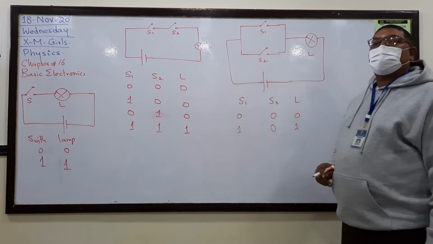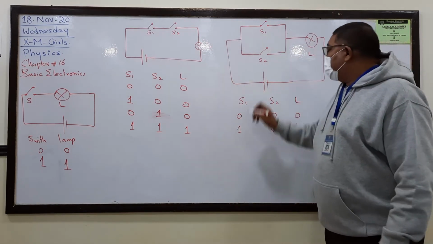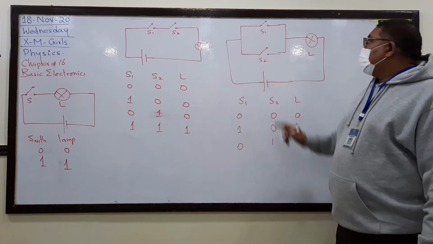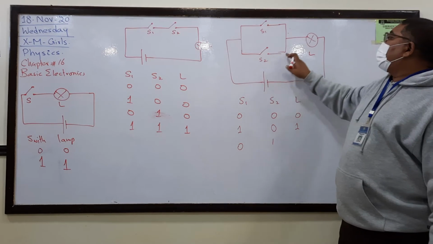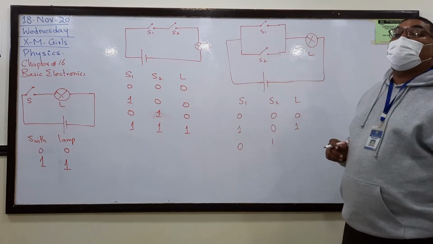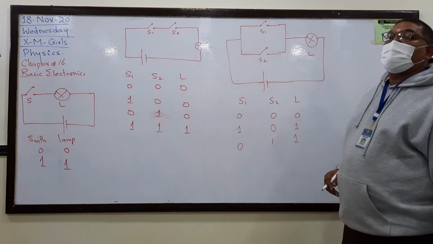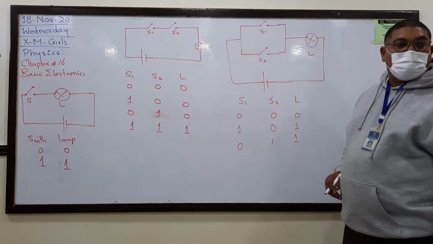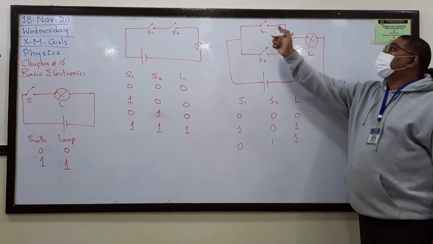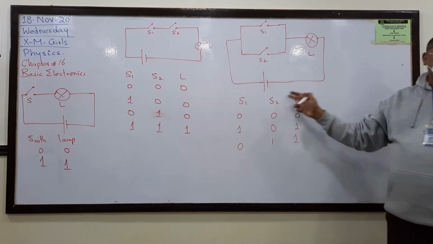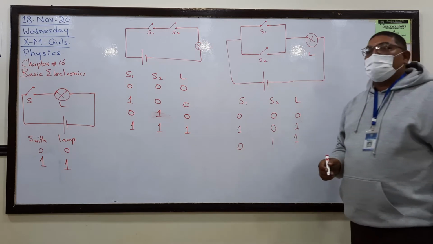Although this is open. Now, open this one, close S2. So the path of the current from here will be completed, and the lamp will switch on. Understand? Because the path of the current is complete. This is open, this is closed, so from here the current can flow through the lamp and come back and the lamp will be on.